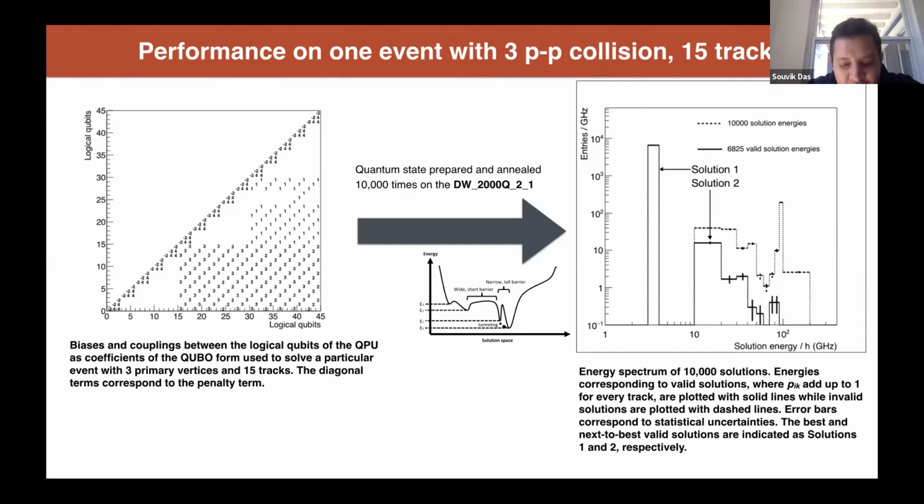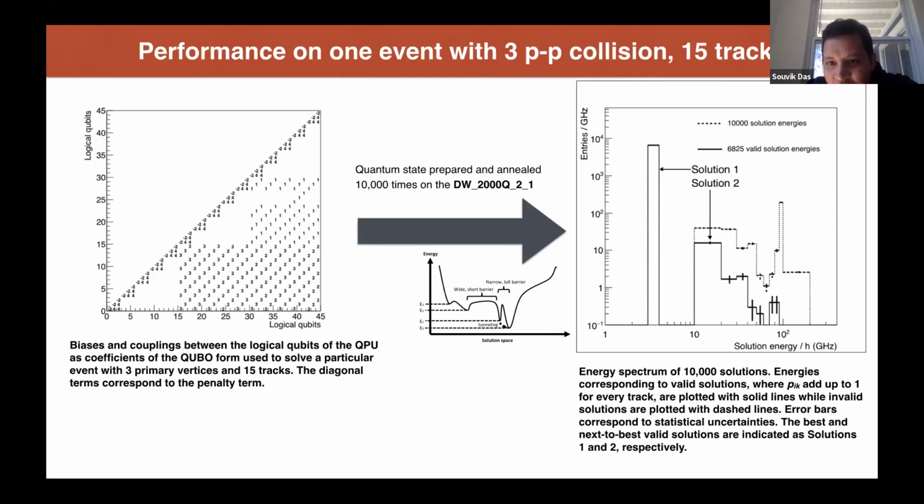When we program it onto the D-Wave, the quantum state was prepared and annealed 10,000 times on the D-Wave 2000Q_2_1 QPU. As you can see on the right, this is a distribution of the final energy spectrum. You can think of it as the eigenenergies, though it's not really the eigenenergies, but the final solution energies you've come to. This is a log plot.